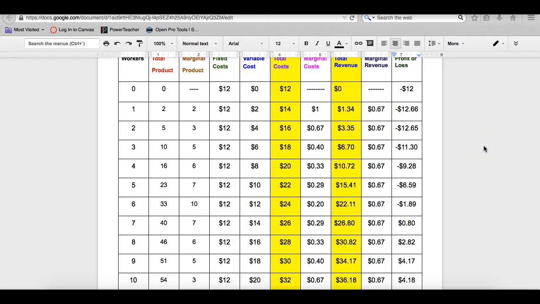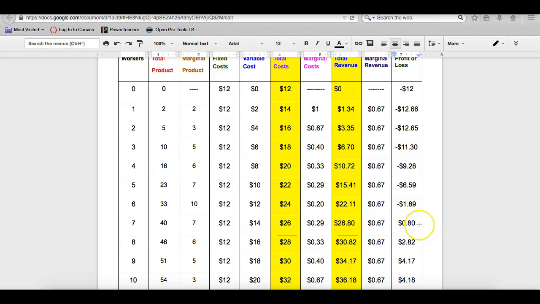Okay, so now you should have the rest of the profit or loss filled in. So we left off on 4 workers. So you should fill in for 4 workers a loss of negative 9.28. For 5 workers, you should fill in a loss of negative 6.59. For 6 workers, you should fill in a loss of negative 1.89.